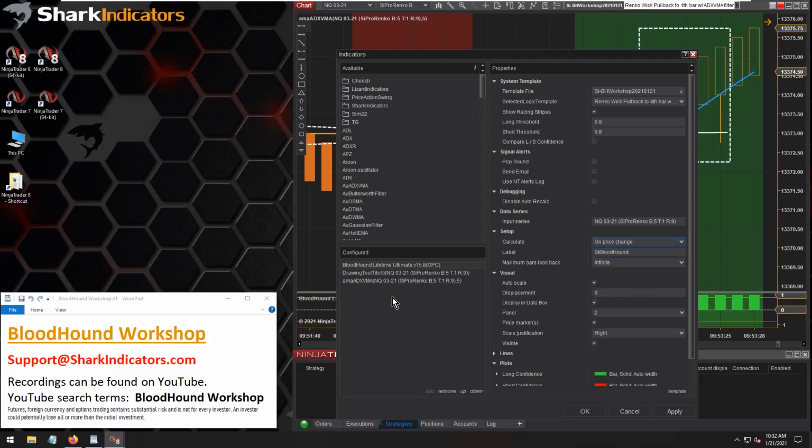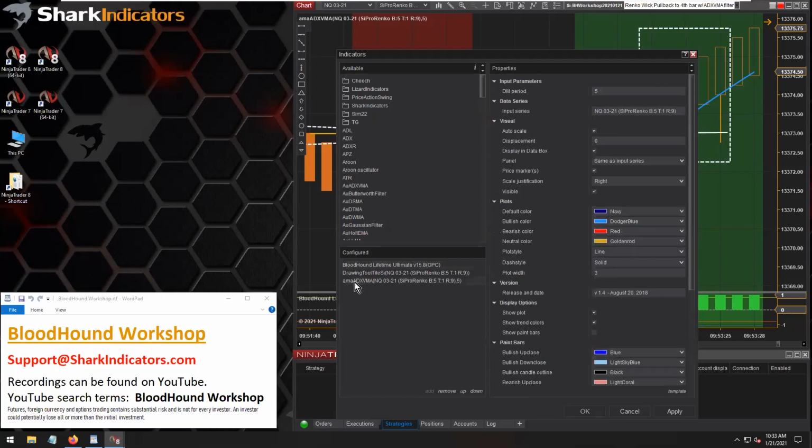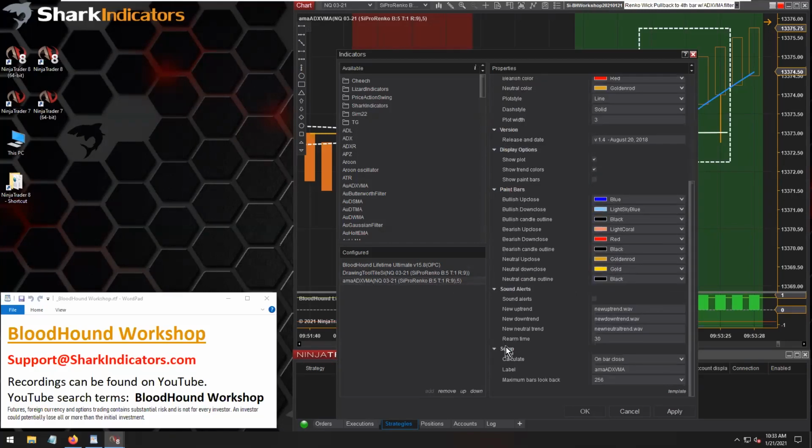It's probably a good idea to also have our ADX VMA in real time, just for the sake of visually seeing things in real time. Our setup is down here at the bottom, and so we're going to set the calculate to on price change for the ADX VMA.